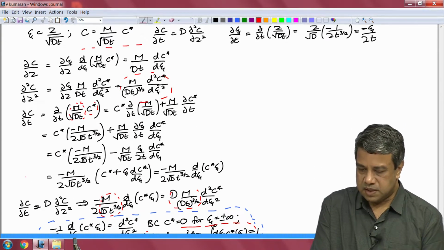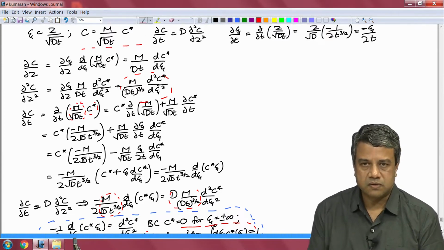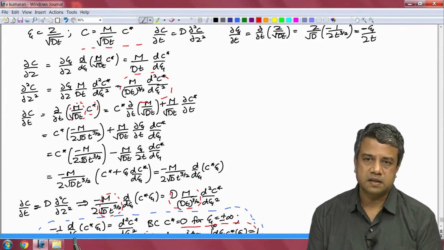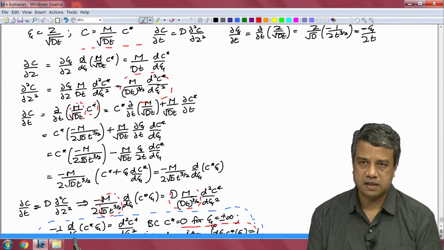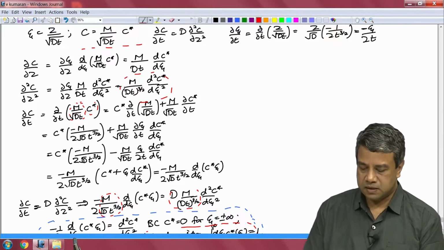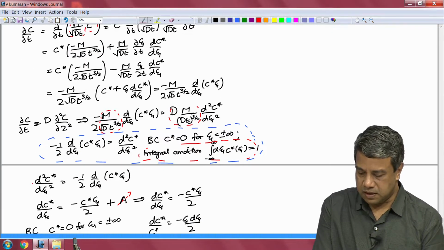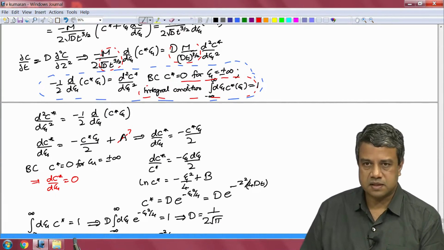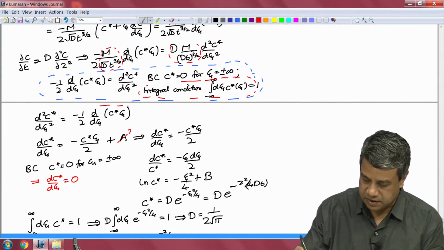Using these two scalings we did the chain rule for differentiation to express the z and t derivatives in terms of derivatives with respect to psi, substituted that into the equation and got an equation for the scaled concentration C star as a function of psi.